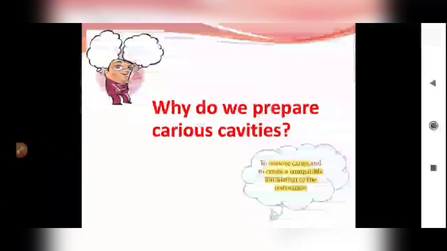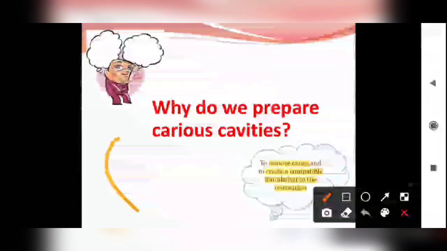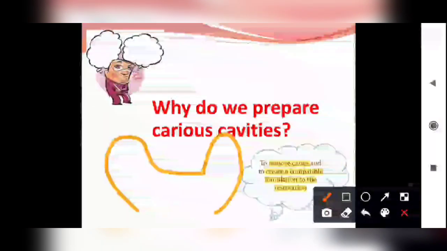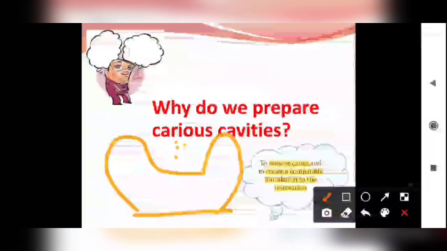And why do we prepare carious cavities? If this is the healthy tooth and caries is present here, it is the pathology of the tooth, where the enamel and dentine were damaged.